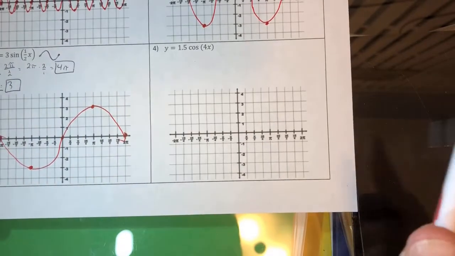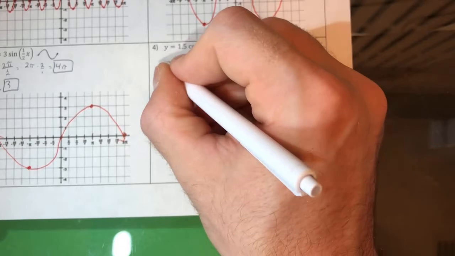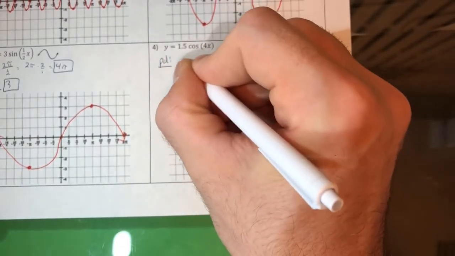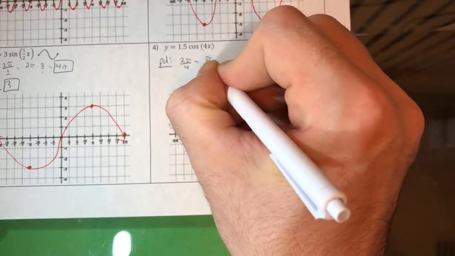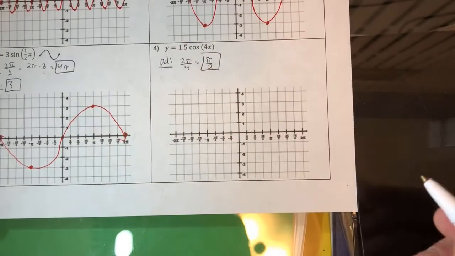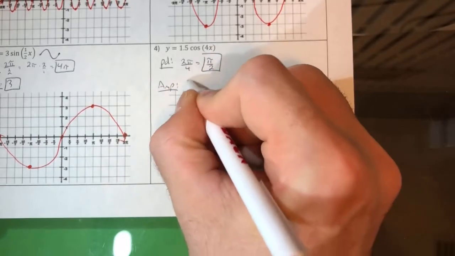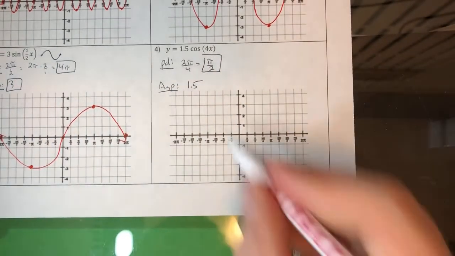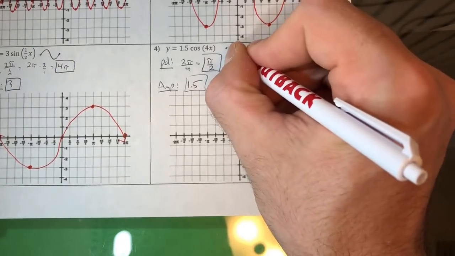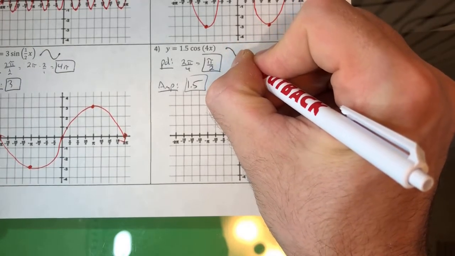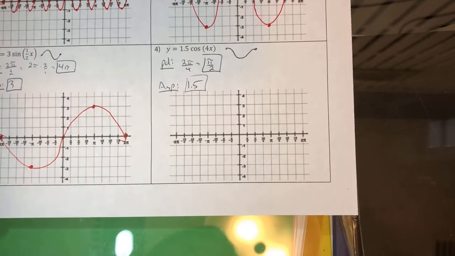Last one, cosine. So cosine, we know we have a period of 2 pi divided by 4, or every pi over 2. It's going to be repeating quite often. And our amplitude is 1.5. And again, we know a cosine wave starts at the top, curves its way down, and then back up. It's got the same overall shape.